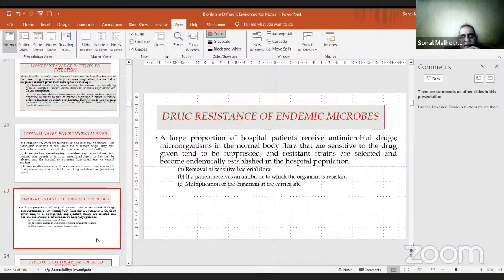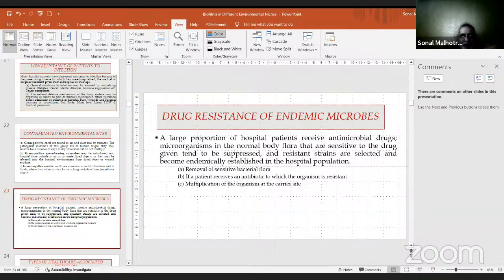Drug resistance of endemic microbes. A large proportion of hospital patients receive antimicrobial drugs when they enter. Now things have gotten much more sophisticated, but back when I was working associated with the hospital, they were not that sophisticated.